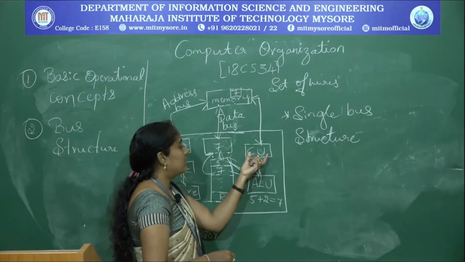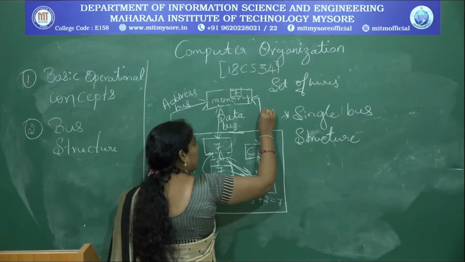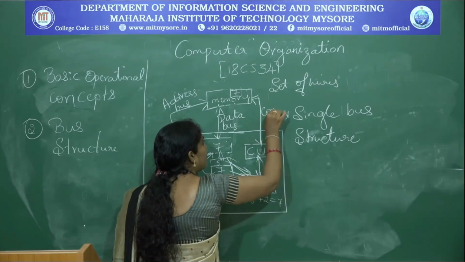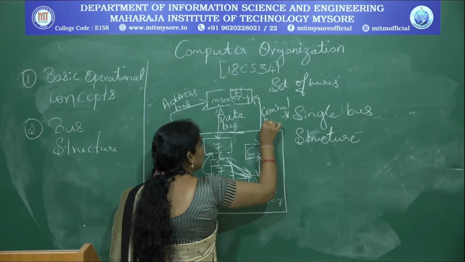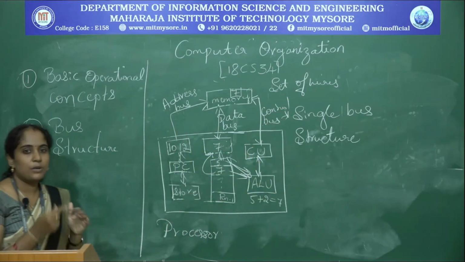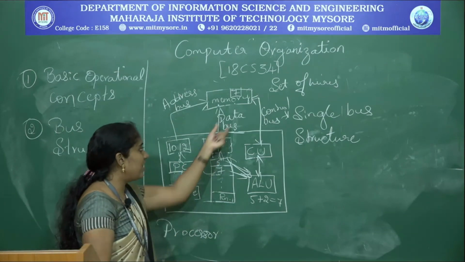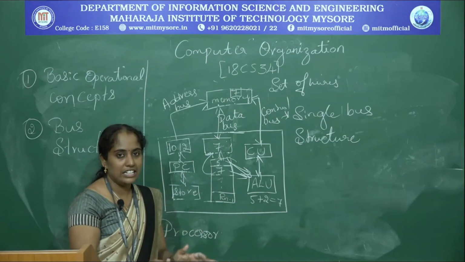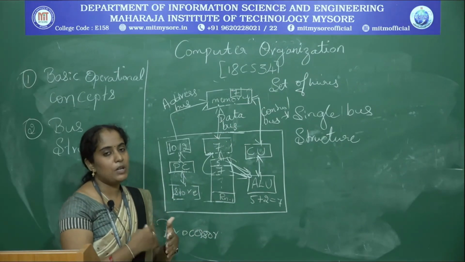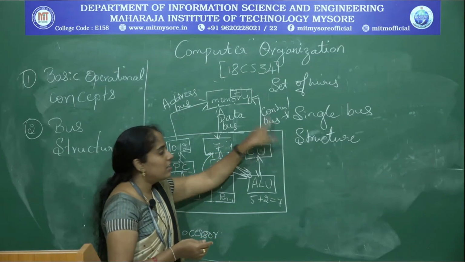The control information will be sent by using which bus? That is the control bus. The address bus will carry only address information, in the same way the data bus will carry only the data, and the control information will be transferred by using the control bus, right.